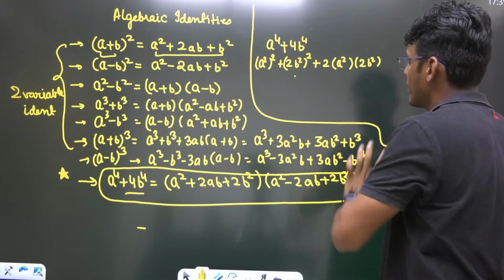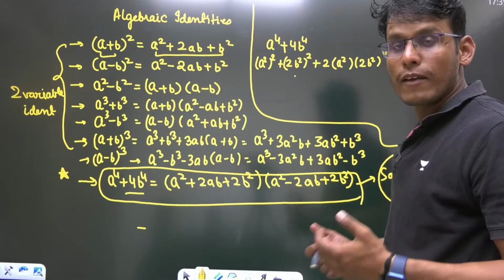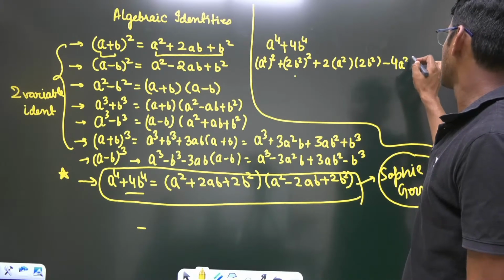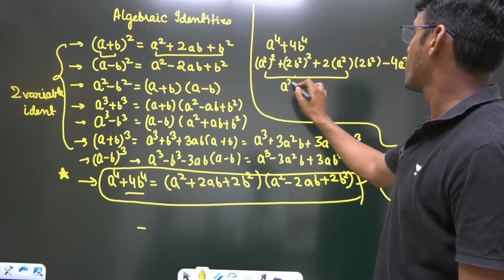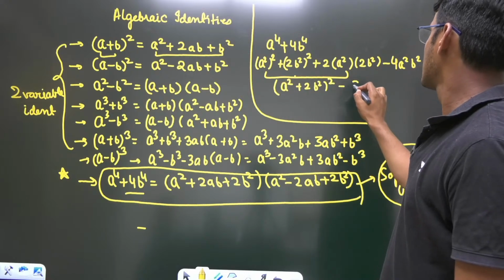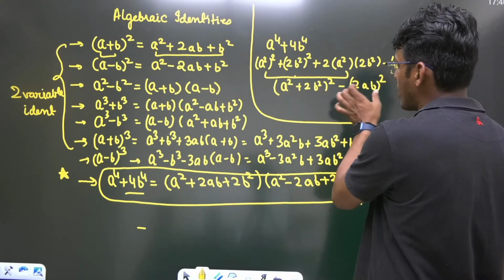So this is it. But in mathematics, you cannot add randomly. If you are adding something, you have to subtract this also. So you have a square plus 2b square whole square minus 2ab whole square. Now, some perfect square minus other perfect square.